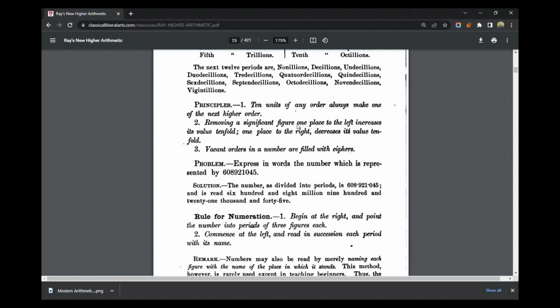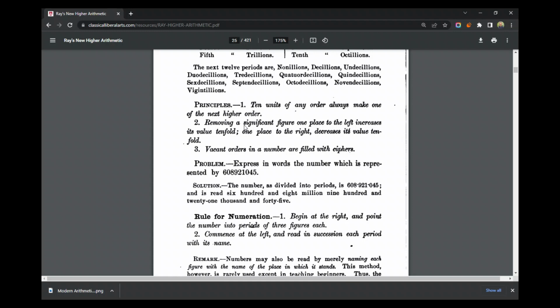And in the same way, moving a significant figure 1 place to the right from the hundreds to the tens decreases the value of that figure by a division of 10. And the same is true if we move from tens down to units. So make sure in principle number 2, the word remove doesn't confuse you. It doesn't mean we're taking it away and getting rid of it. It means we're simply moving it in different orders, in different directions.